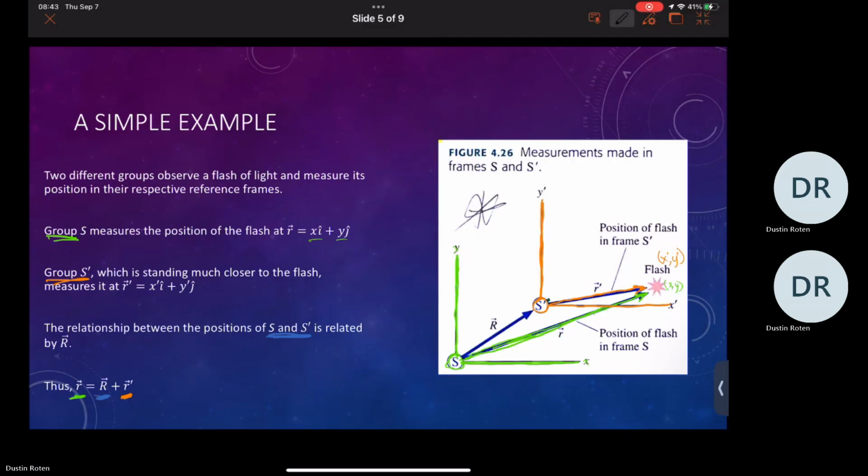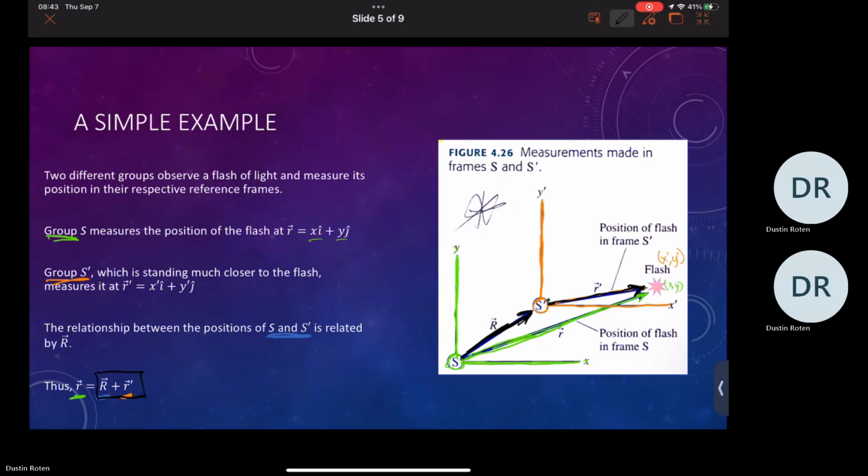And if you look, you can actually see this. I'm going to do this in black, but this addition, you can see just from doing vector addition that it's just big R plus little r prime.